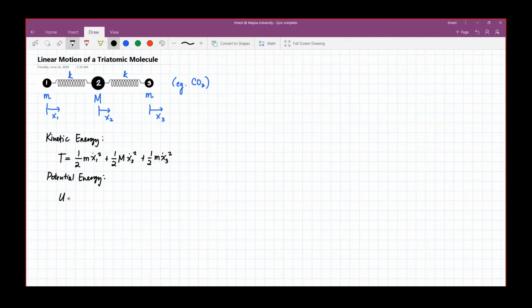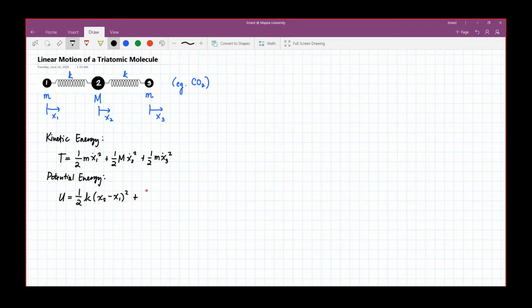So this is now equal to U equals 1/2 k times the net displacement, or the amount of compression or decompression of this spring, which is the difference between x2 and x1, squared, plus the potential energy associated with this other spring.